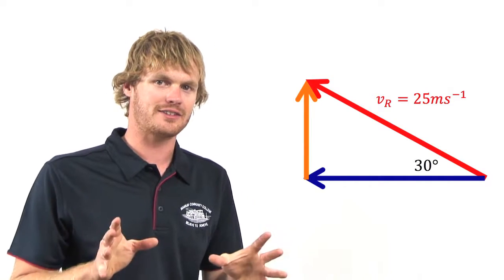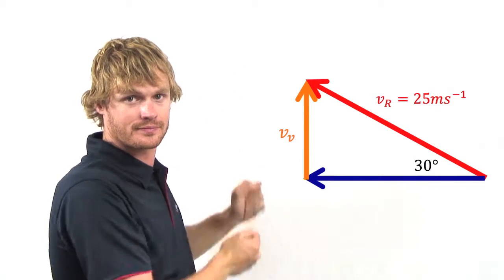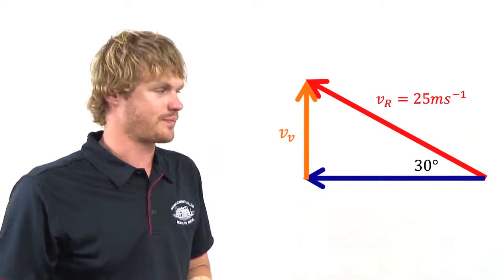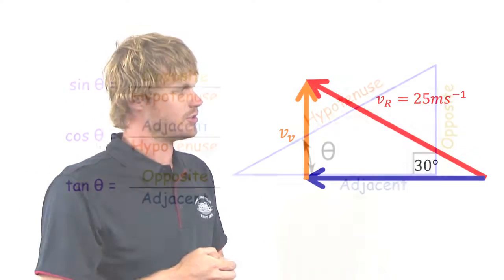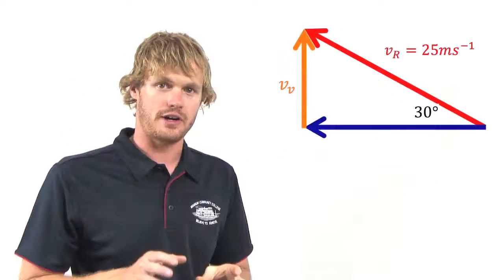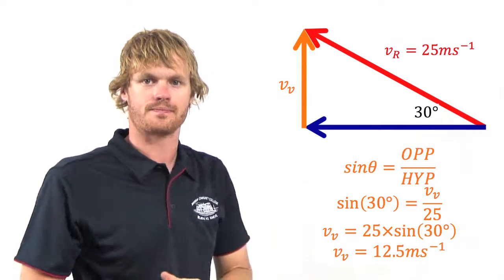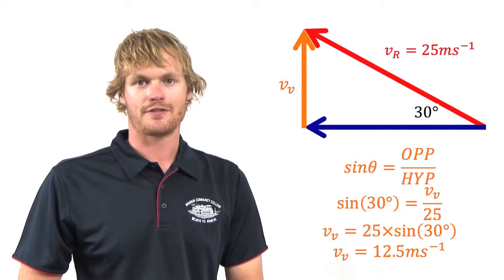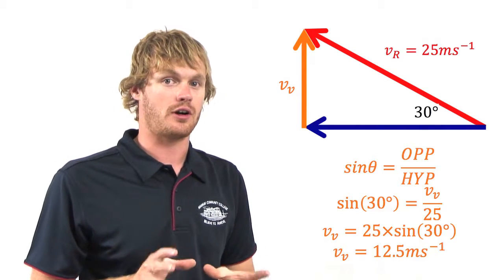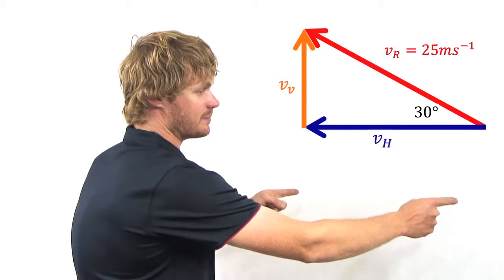We can find out the magnitude of our vertical component using trigonometry. So in this case, you can use sine theta is equal to opposite over hypotenuse. Rearrange to find the size of this component. If I wanted to find the magnitude of the horizontal component, I would use, in this case, cosine.